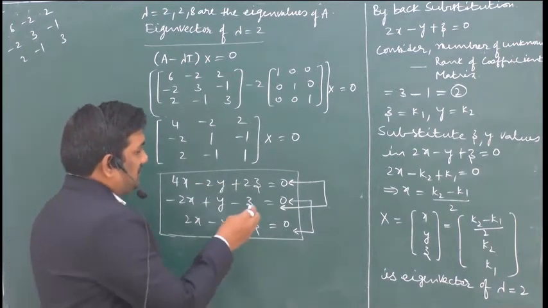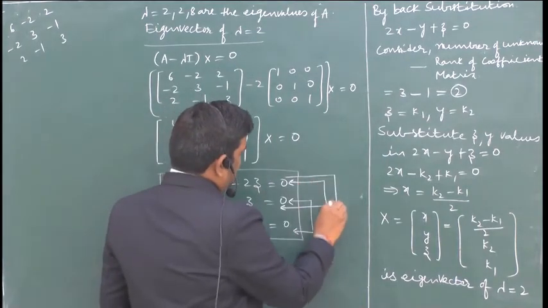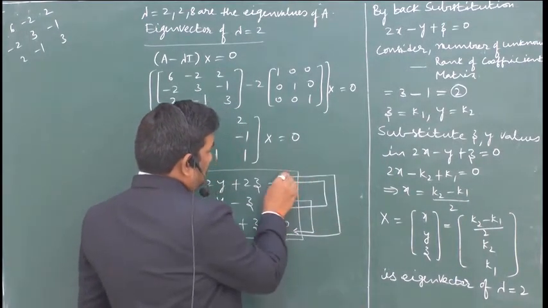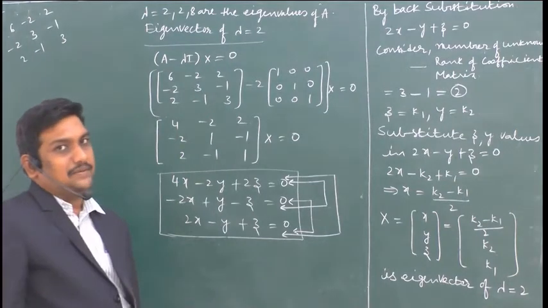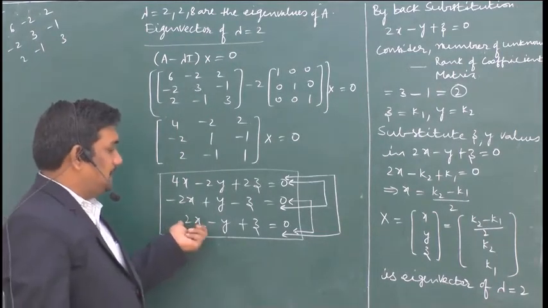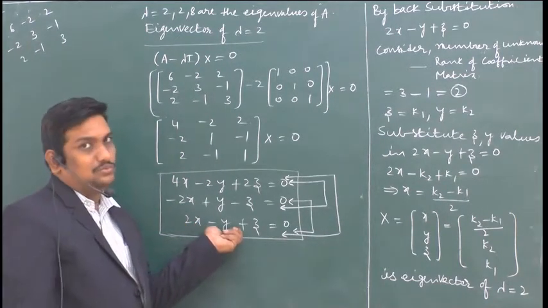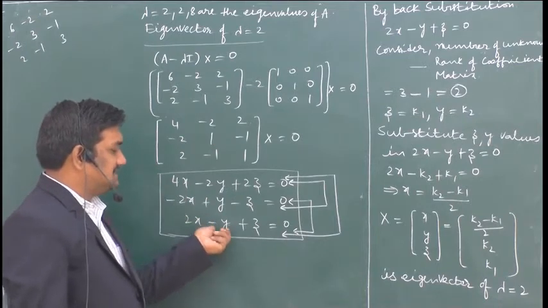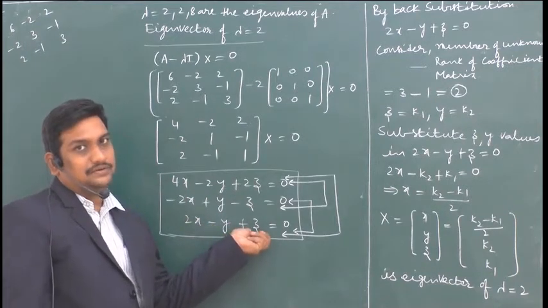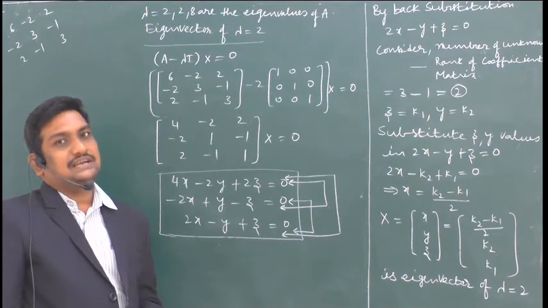And also 1 and 3 are the same because if you multiply the third equation by 2, it will be 4x minus 2y plus 2z. So all the 3 equations are the same.